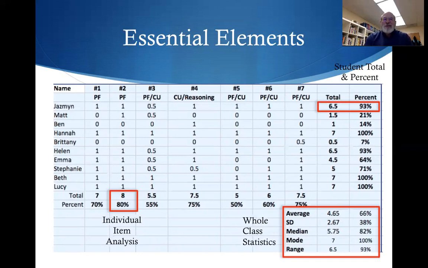Make sure you understand them, because your evaluator will be able to tell if you're just throwing in the statistics and you don't understand. And then up here in the upper right, you see student total and percent. Their total points, their percent. This is based on an Excel spreadsheet.